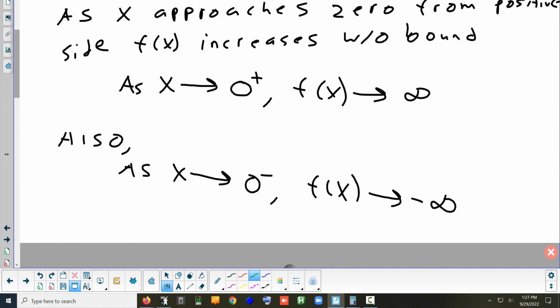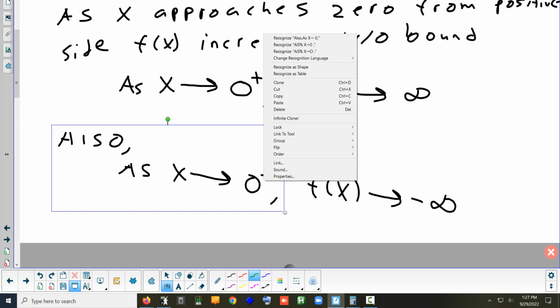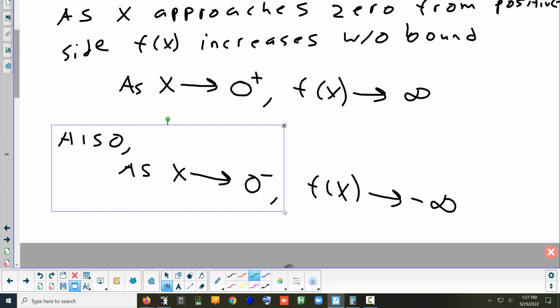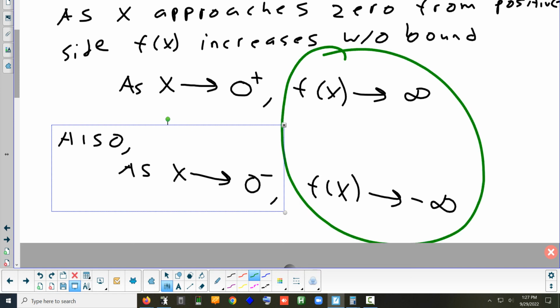And then we looked at it on the other side. As x approached 0 from the negative side, negative means left side, positive means right side, your graph curved down to negative infinity. That behavior indicates a vertical asymptote.